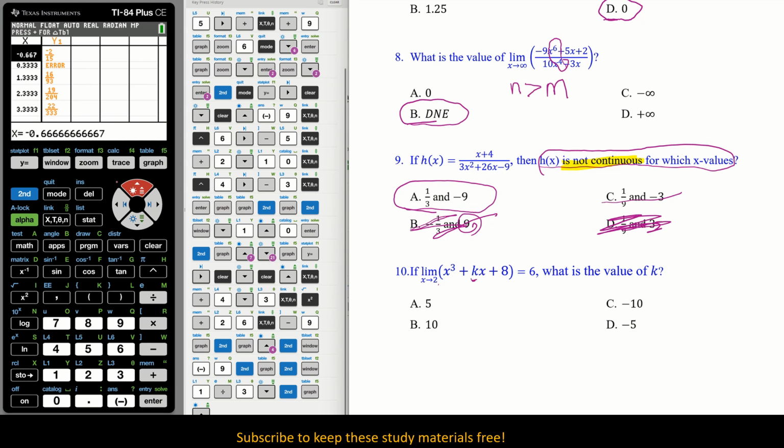So what we're going to do is the number 2 will go in for x. This implies that 2 to the third, that value is going to be 8. 2 to the third plus k times 2 plus 8 equals 6.